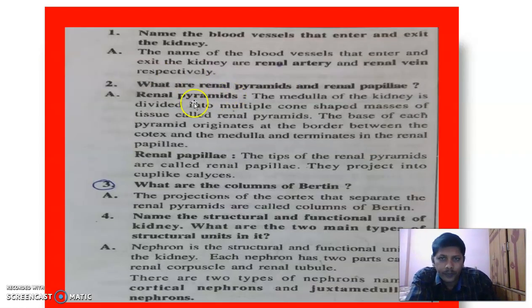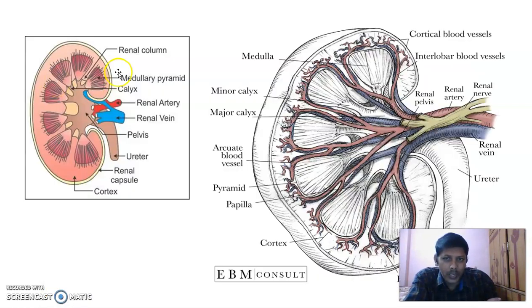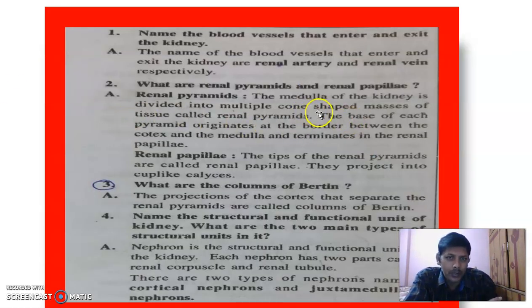Repeat again. Renal pyramids. The medulla of kidney is divided into multiple, means many, cone shaped masses of tissue.